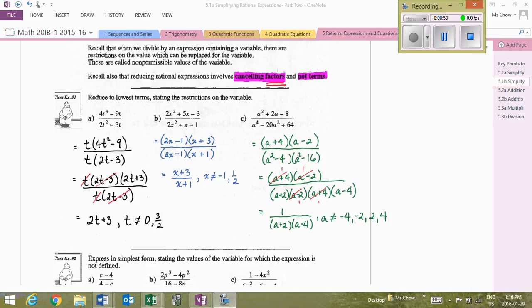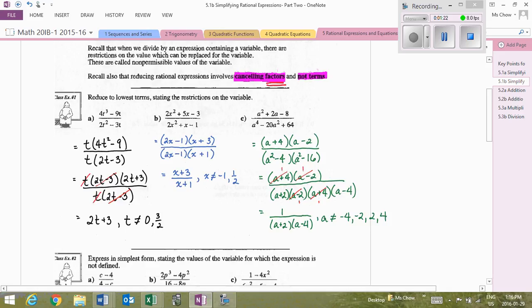Remembering in example letter A, we have a common factor of t that we can take out. Conveniently, we're left with two terms in the numerator, which are a difference of squares. We factor that to 2t minus 3 and 2t plus 3. Then we can see we have a common factor of t and a common factor of 2t minus 3.